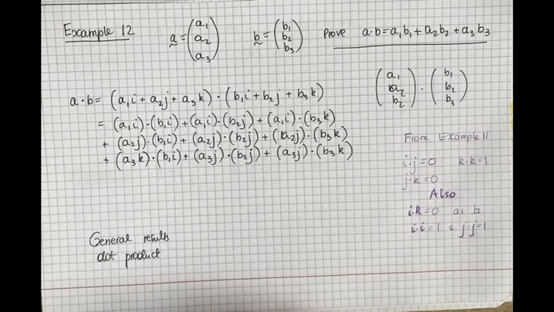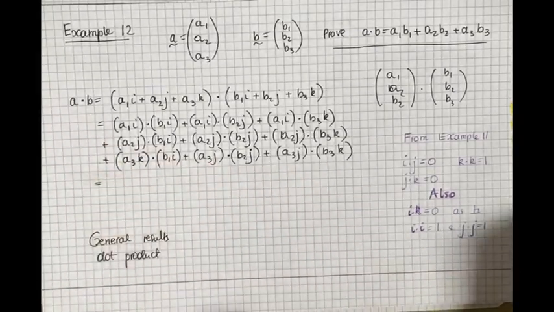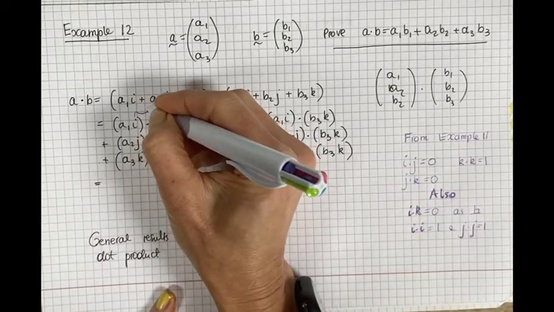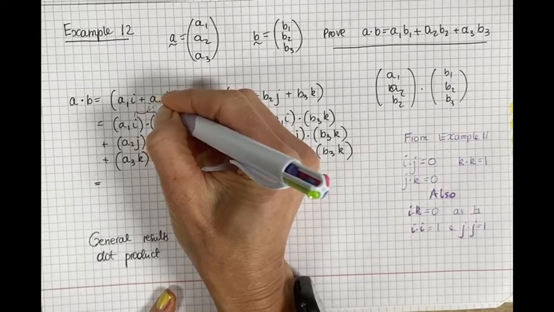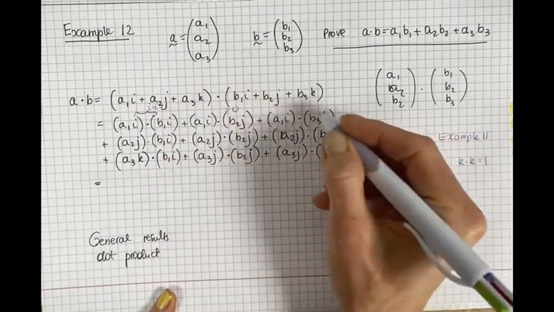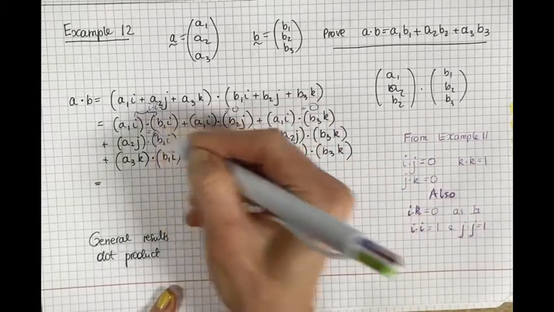Let's have a look at working it out. Remember, i dot j will give you 0, i dot k is going to give you 0.